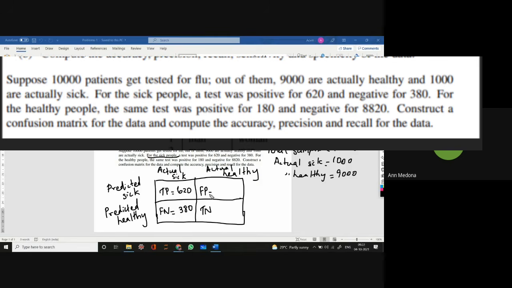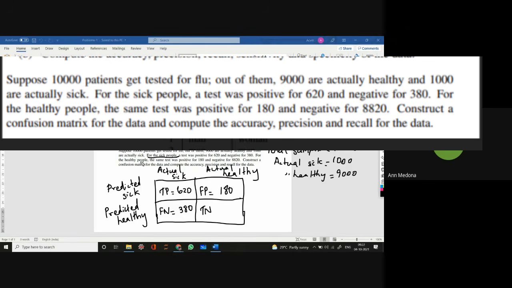Now the next condition is given. For the healthy people, the same test was positive for 180. Healthy means actual healthy, but it is predicted as positive, that is, predicted as sick. So this value will be equal to 180.